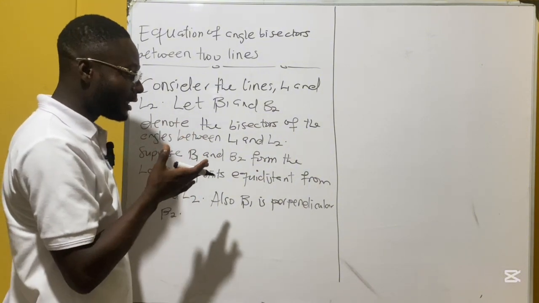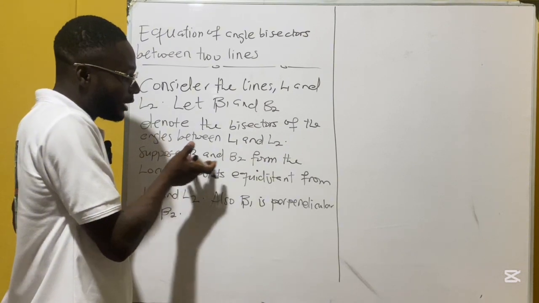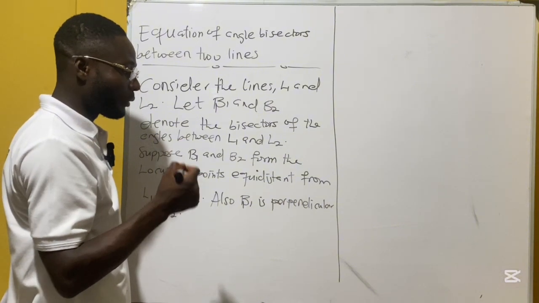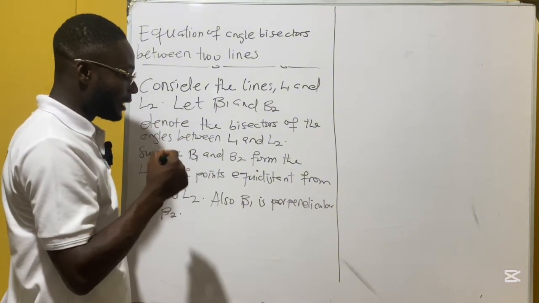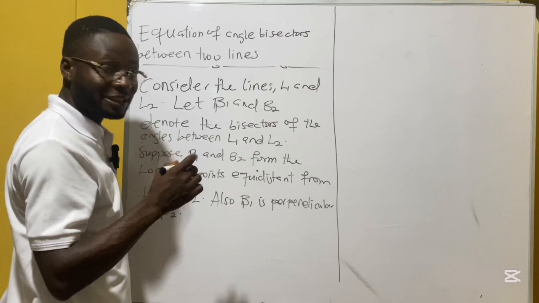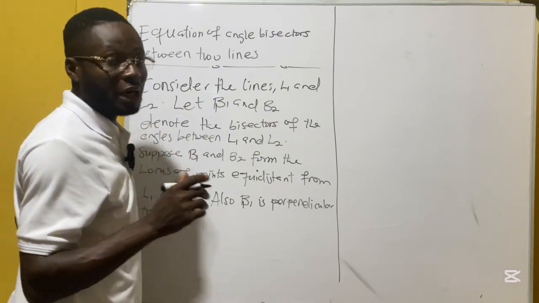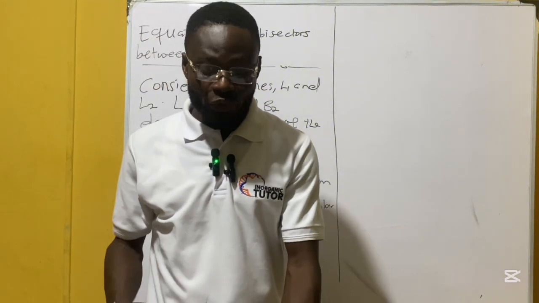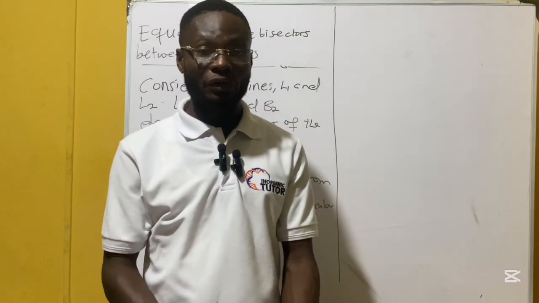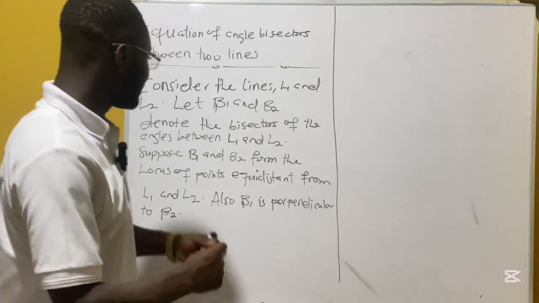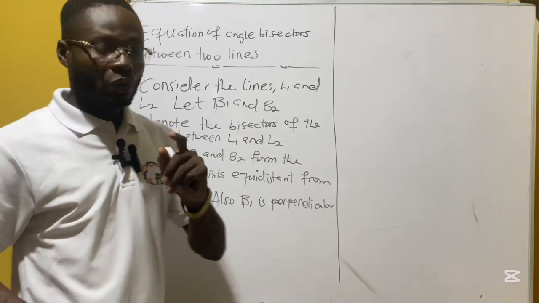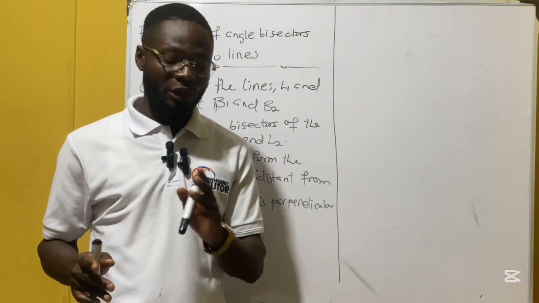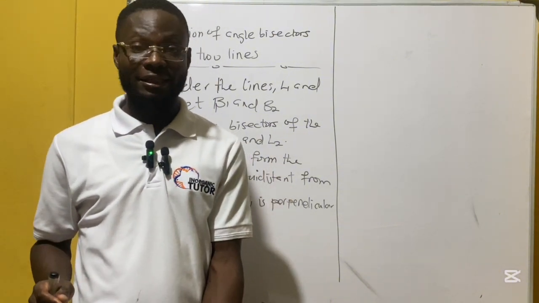And we are supposing that B1 and B2 form the locus of points equidistant from L1 and L2, right? And B1 is perpendicular to B2. Now, before I illustrate the diagram, I want you to understand some basic terminologies from this information. So you have to understand the term locus and what we mean by equidistant, right?